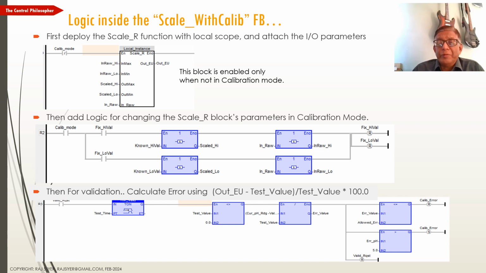Now the pH readings take a few seconds to stabilize, typically about 30 seconds. And there is also a certain allowed margin of error, and the third rung merely calculates the error in percentage, and then it compares whether this error is within the allowed range or not. If not, then it reports an error.